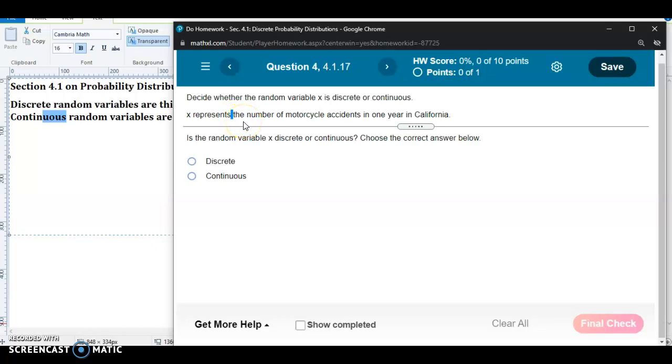The number of motorcycle accidents in 1 year in California might be a large number, might be a small number, but in any case, it's something that you can count. So based on that line of thinking, you would decide whether the random variable is discrete or continuous. Okay, so let's continue on to the next question. Same thing, so I'm going to skip it.